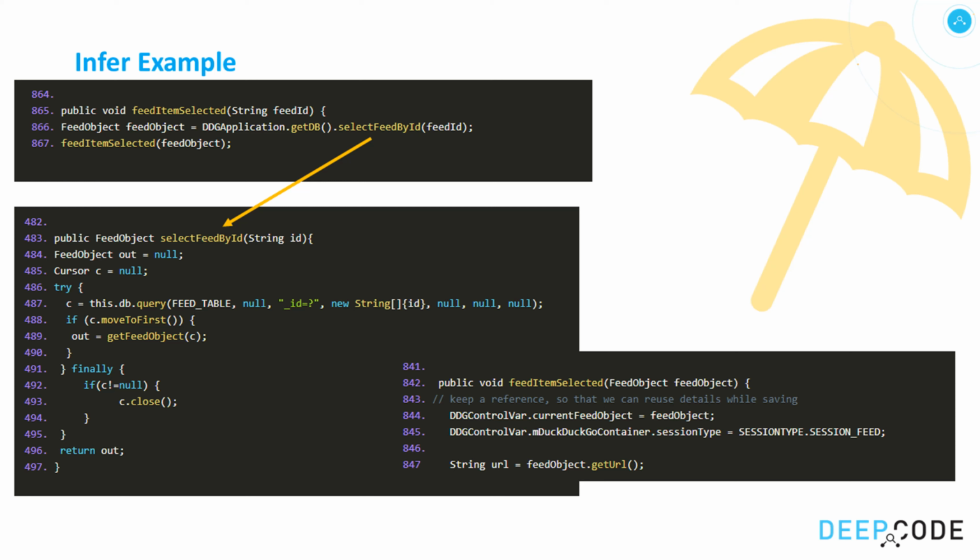So now we are jumping into the select feed by ID function. And as you can see, we are initializing some internal variables. So feed object out is null, cursor C is null. And then we go in a try finally sequence. And in the try, we are making a database query, and we are then calling the move to first.